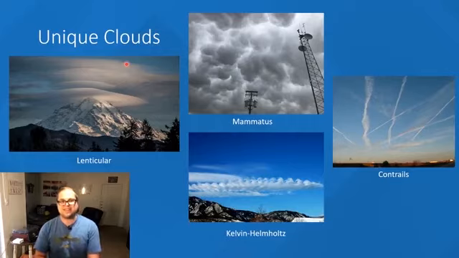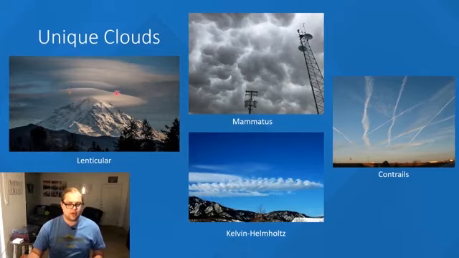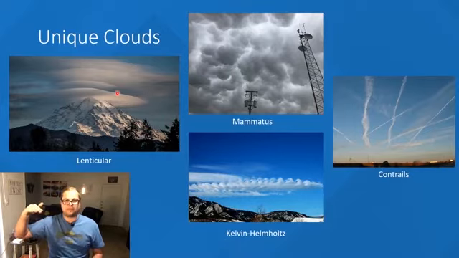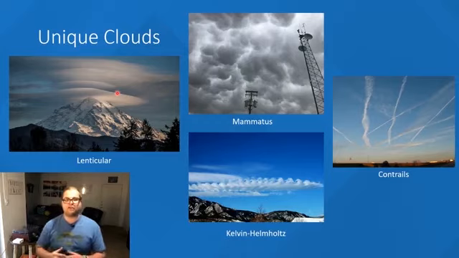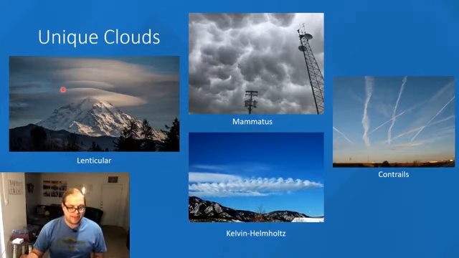We can get these here in West Texas, but they're pretty rare. They usually like to form over mountains like you see here, or just downstream of a mountain. That's because once you have air running into a mountain, it's forced to go up and down as it encounters that mountain. And if you get that air going up, it can cool and condense and form this awesome shaped cloud. So that's my favorite kind of cloud.